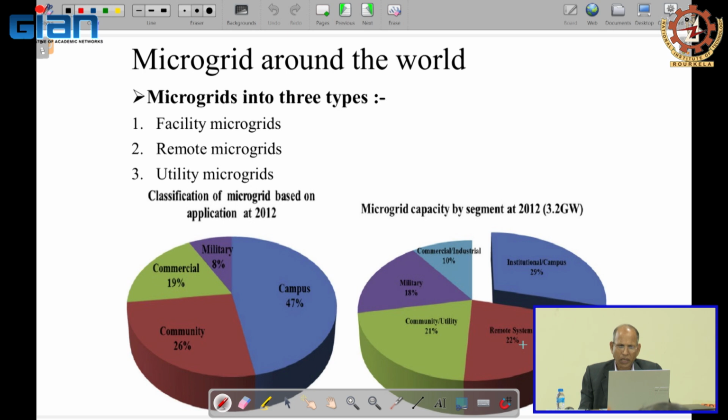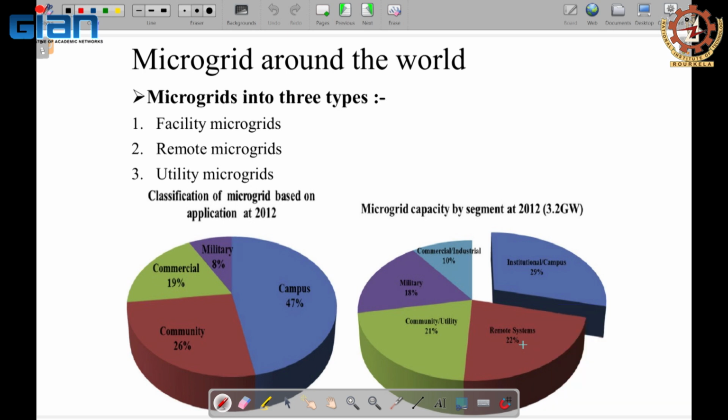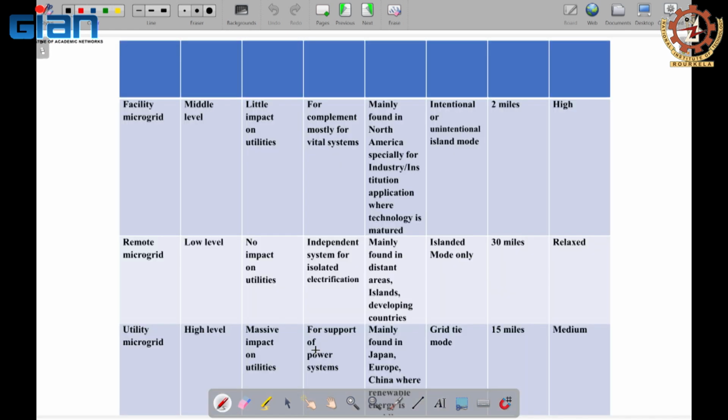Or it could be a utility microgrid, and what particular applications you might be using for this, a commercial microgrid, or it could have some specific applications like military applications, some university campus or some community microgrids. So this way microgrids can be further classified.